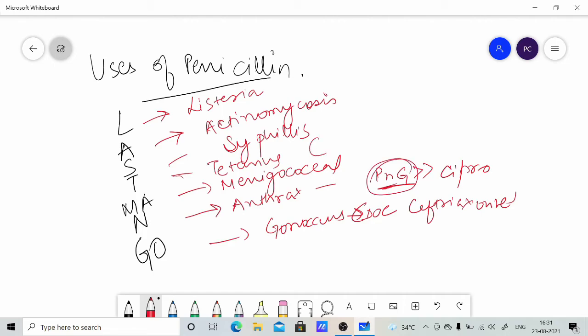And in tetanus also, Pen-G is widely used, but metronidazole can also be used. In listeria infection, the drug of choice is ampicillin, but Pen-G can also be used.